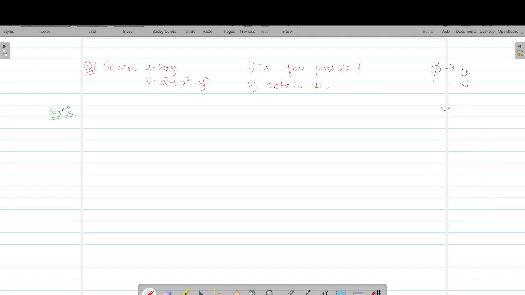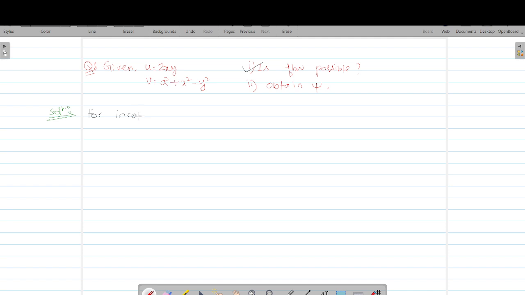Okay, so now let's get started with this problem. As we already have u and v, the first question is whether the flow is possible or not. For figuring that out for an incompressible flow, let me write it.